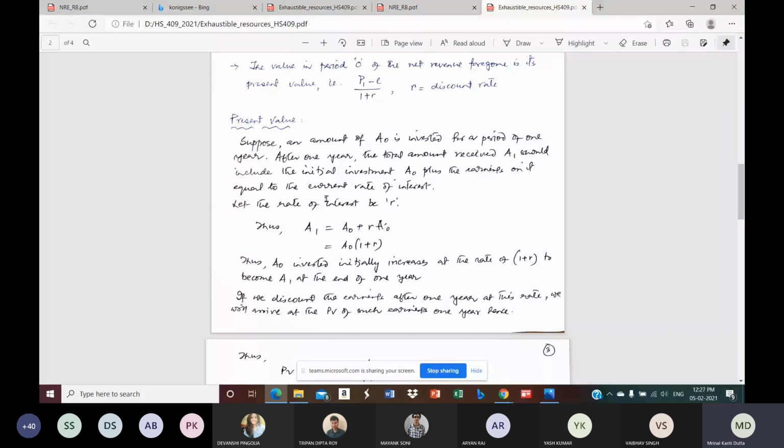That is why the marginal cost of the substitute will be determining the backstop price or the choke price at which the society will decide to switch over to the substitute renewable resources from the exhaustible resources.